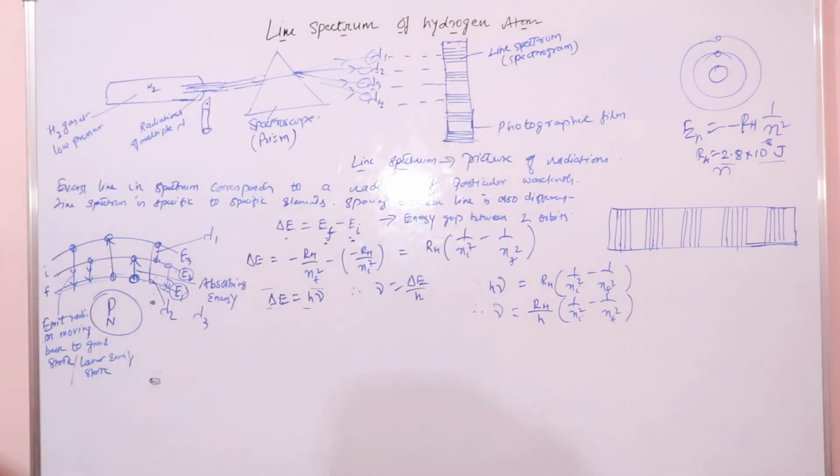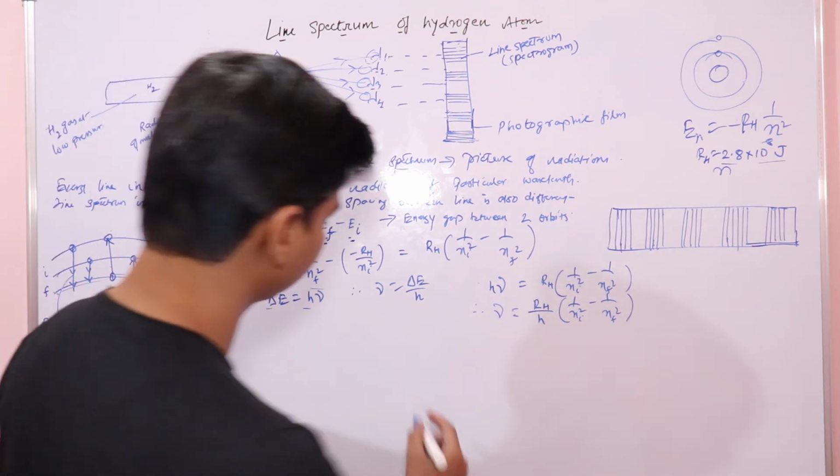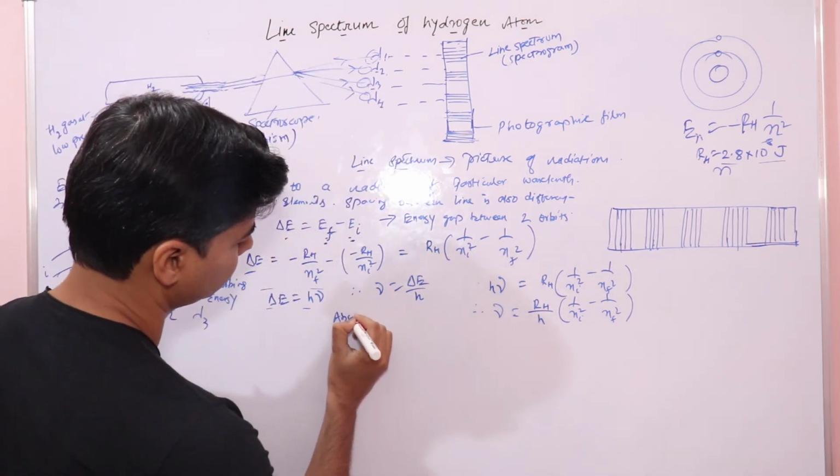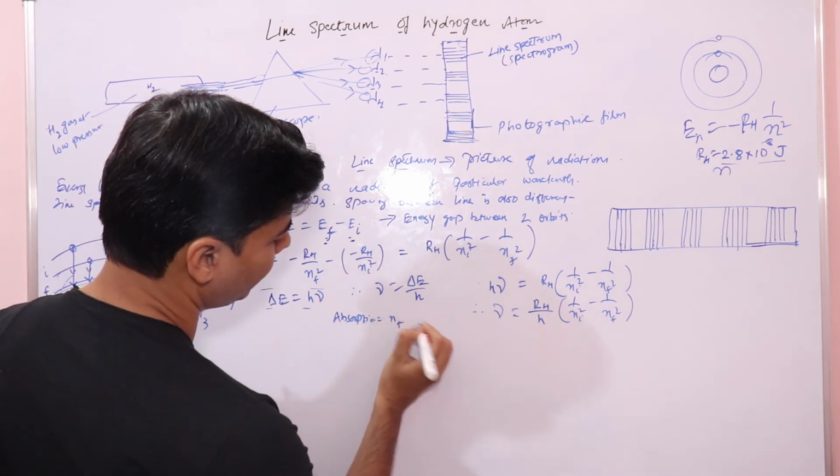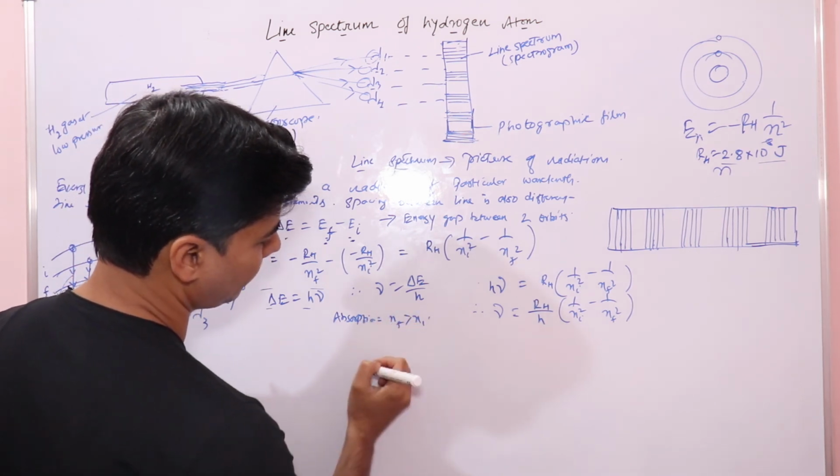This formula gives you the frequency of emitted radiation, and the earlier one tells you the energy of emitted radiation, right? Now there's one more important thing. In case of absorption, like we have understood before, n_f is greater than n_i, right?